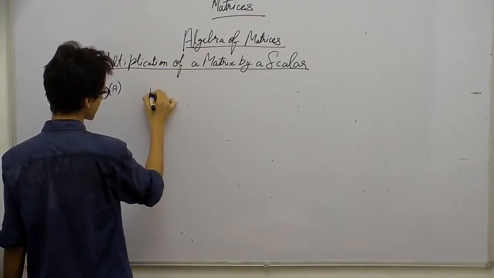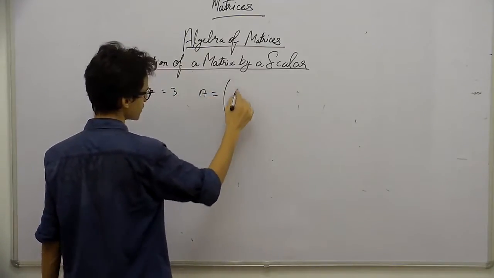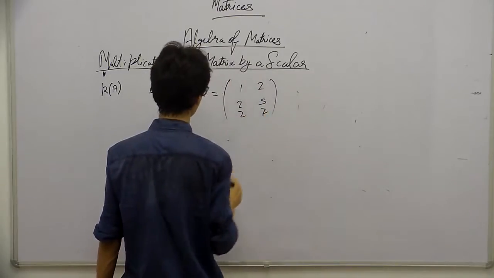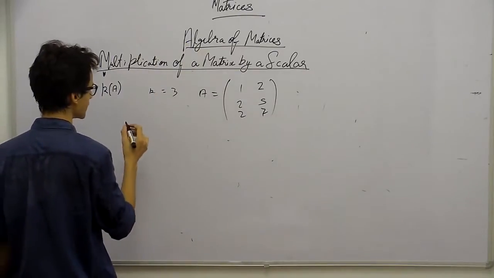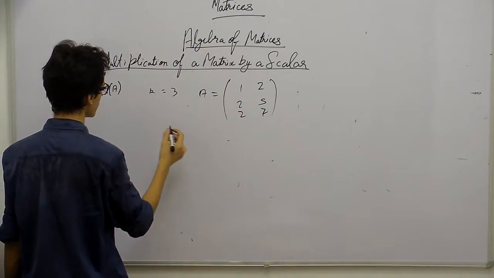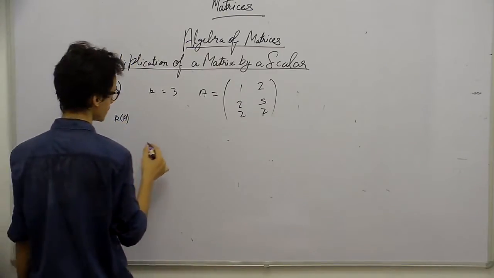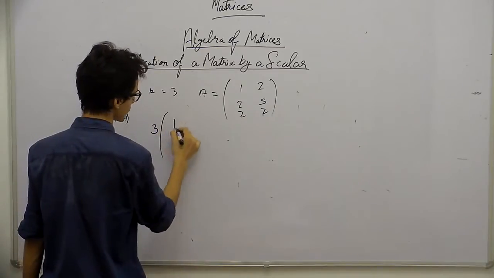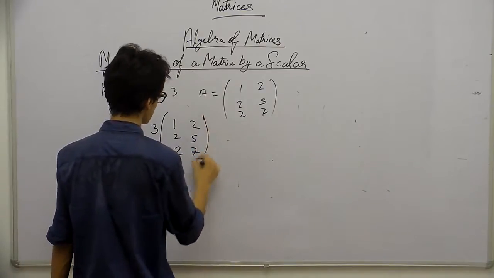Suppose the scalar k is equal to 3 and suppose the matrix A is [1, 2, 2; 2, 5, 7]. For this k and A, what is k multiplied by A, or A multiplied by k? It is equal to 3 times [1, 2, 2; 2, 5, 7].